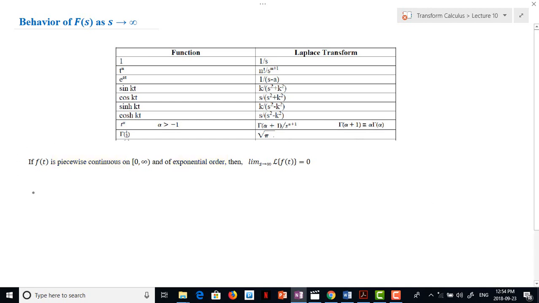For example, in future we will see one function which is called the unit impulse function.